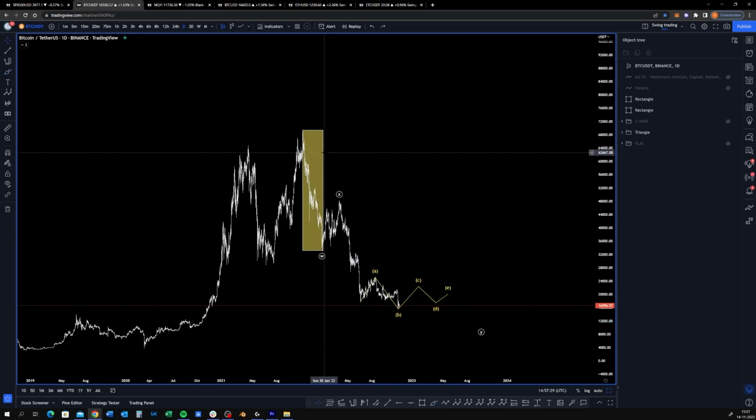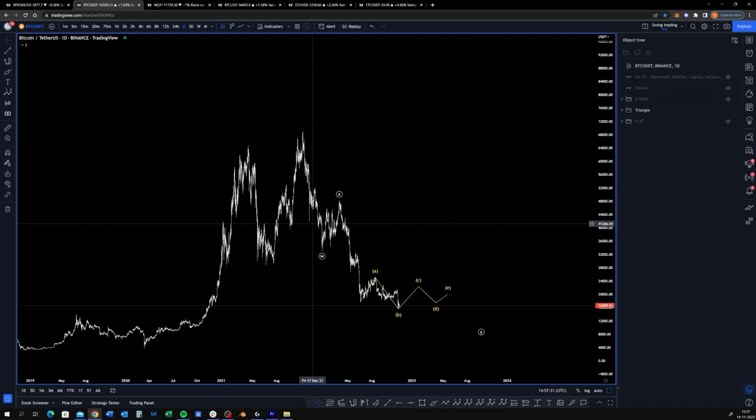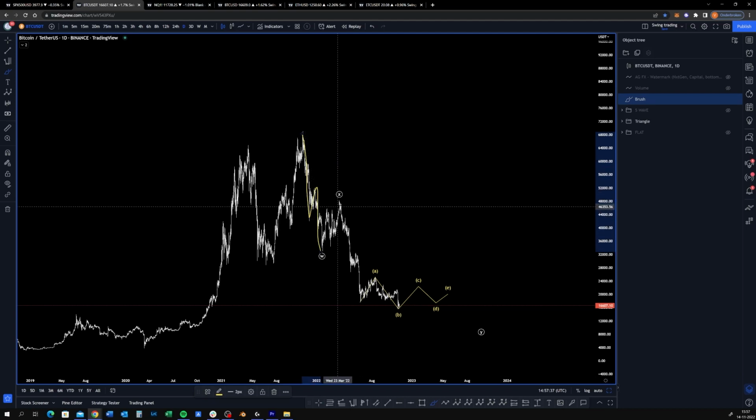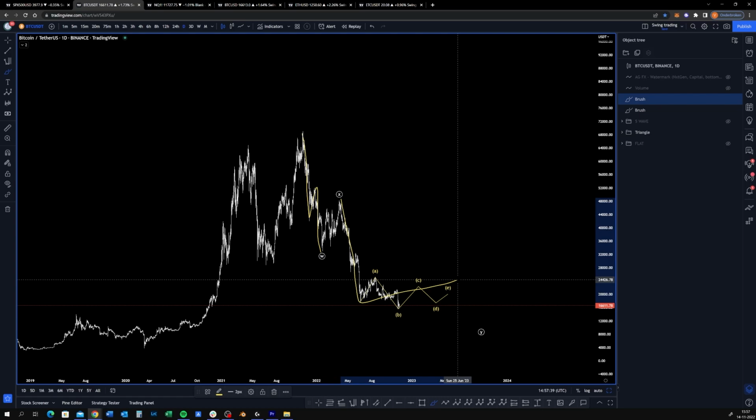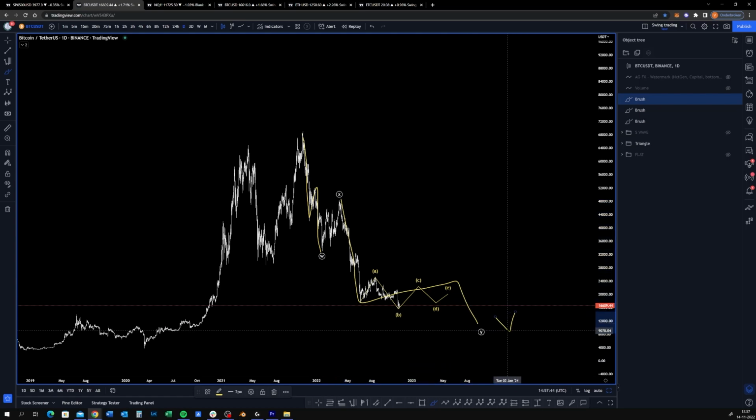Then we should look at the corrections within the zigzags. So this is a zigzag, A, B, C, and this one, A, B, C. The moves down all consist of 5 waves.